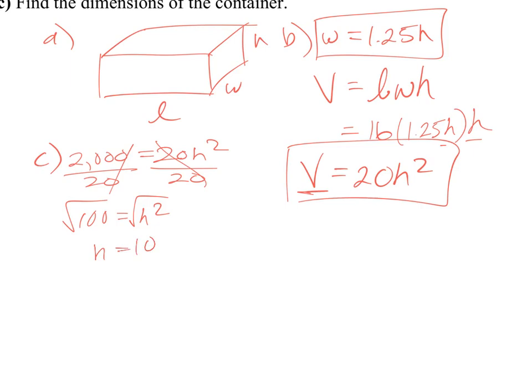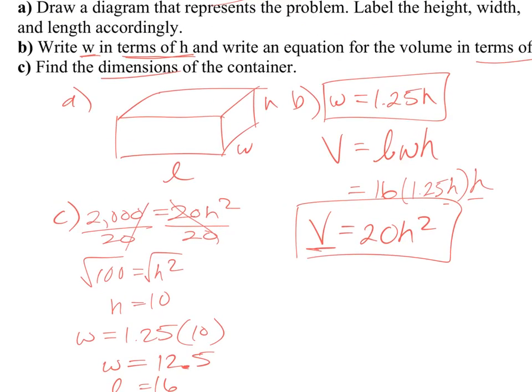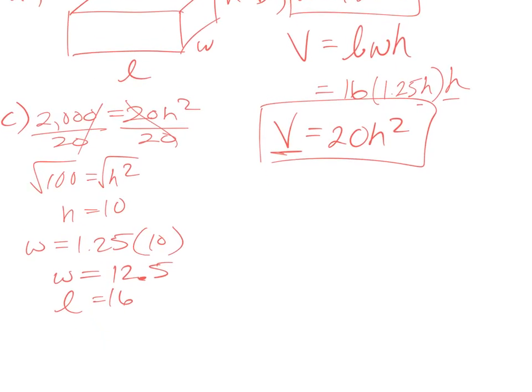Okay, I have that. The width is 1.25 times h, so the width is 12.5. And the length is 16. All right, so putting it all together, they ask me to find the dimensions. All right, so how do you express dimensions?